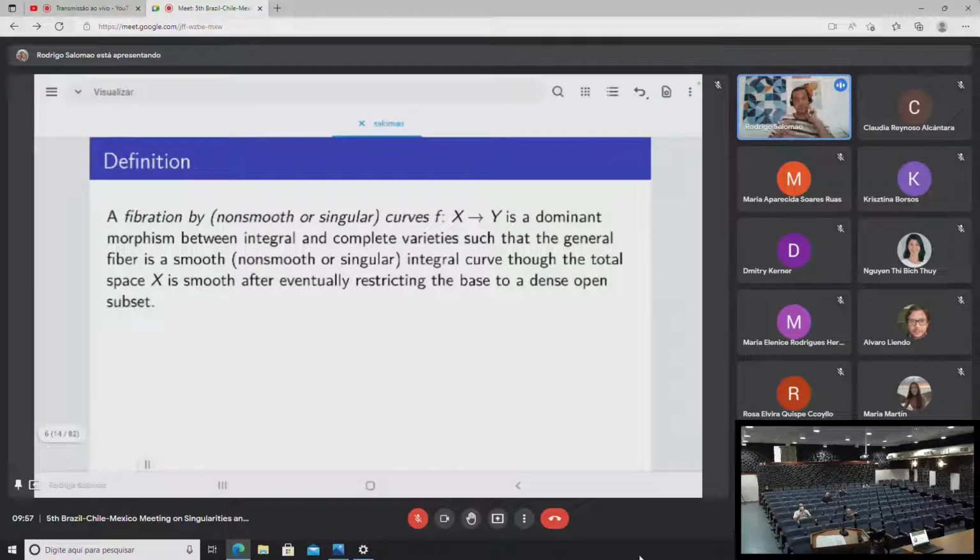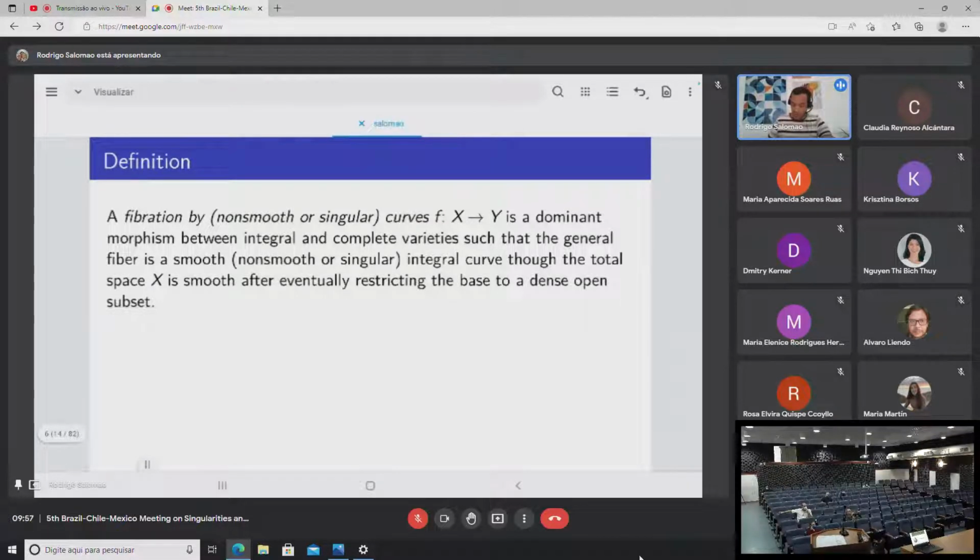If we put the word non-smooth or singular together with a fibration, we just mean that it is a dominant morphism such that the general fiber is non-smooth or singular.